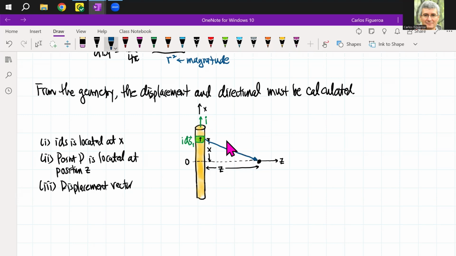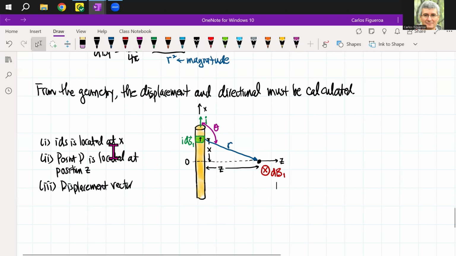Its magnitude is going to be r, but then I have to worry about the angle. The angle is between I and r. So this angle here is the angle theta. From the right-hand rule that we already saw before, the magnetic field at this point is going to point into the screen.